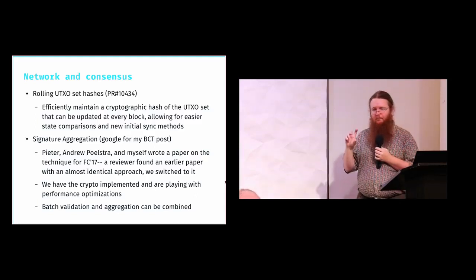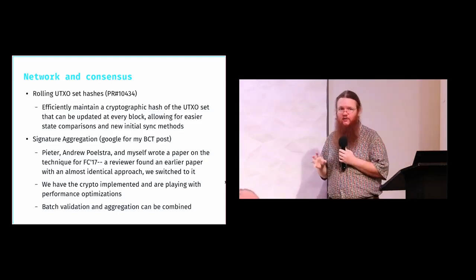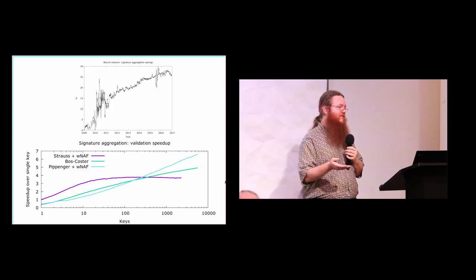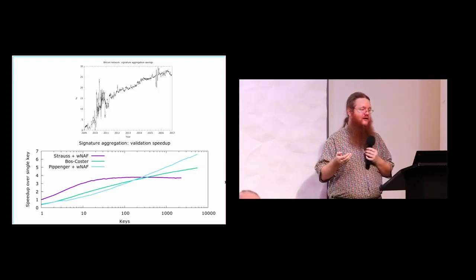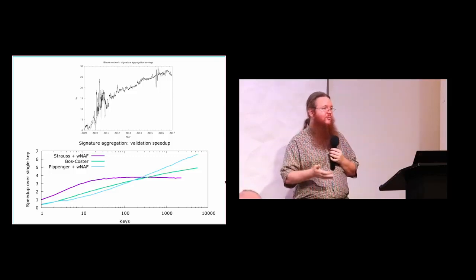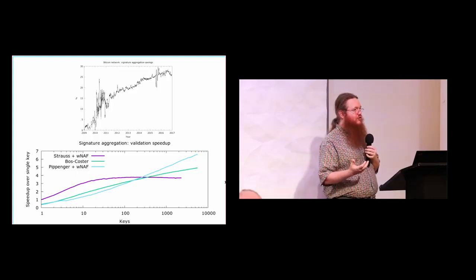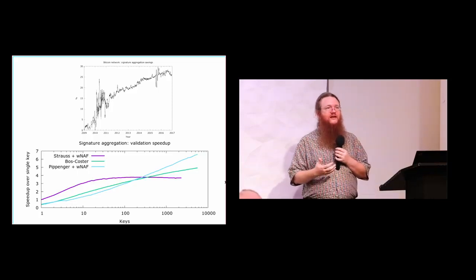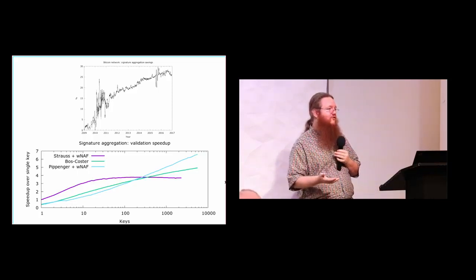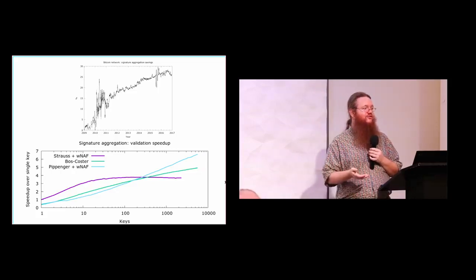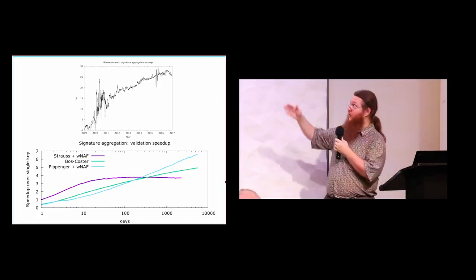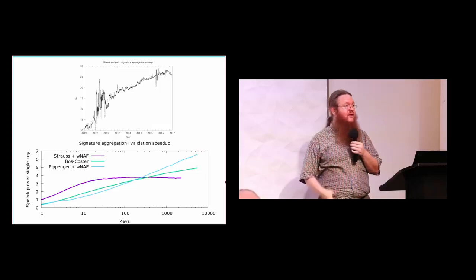So for the byte savings from using aggregation, we ran a simulation of the prior Bitcoin history and asked, if the prior Bitcoin history had used signature aggregation, how much smaller would the blockchain be? The amount of savings changes over time because the aggregation gains depend on how much multisig you're doing and also how many inputs transactions have. So you can see early on in Bitcoin, it would have saved hardly anything.